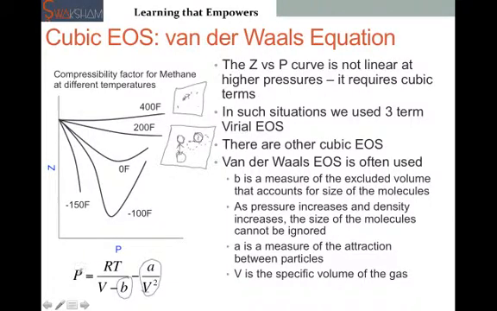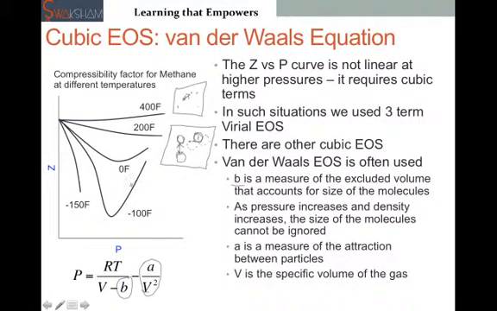So van der Waals takes PV over RT, adds this space constraint to volume as well as this pressure because of interactions between particles. So van der Waals thus uses B, which is a measure of the excluded volume that accounts for the size of the molecules. It also accounts for the increase in pressure and density increase because of these interactions. So A is a measure of the attraction between the particles.